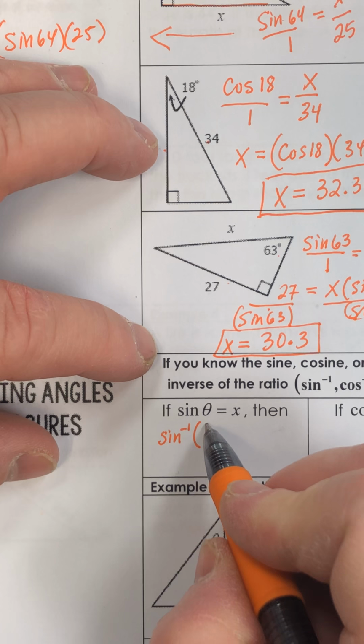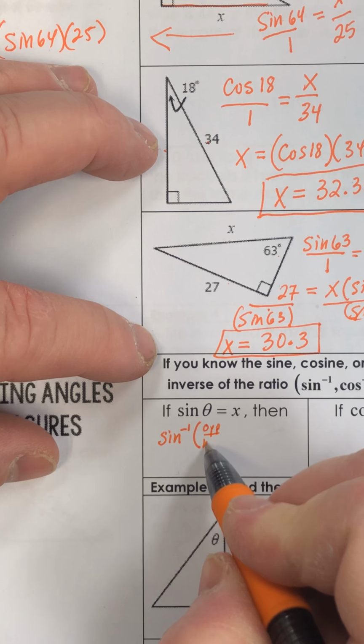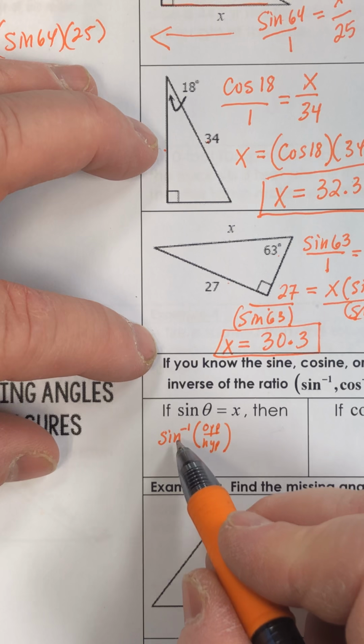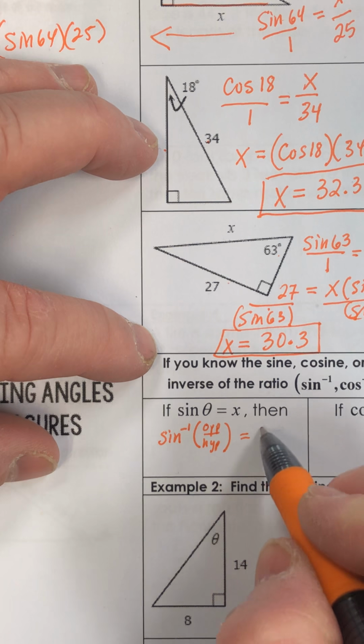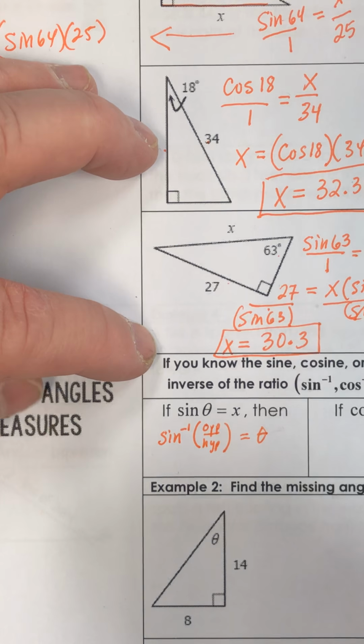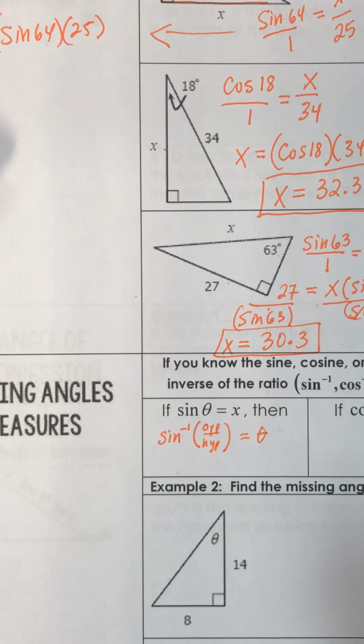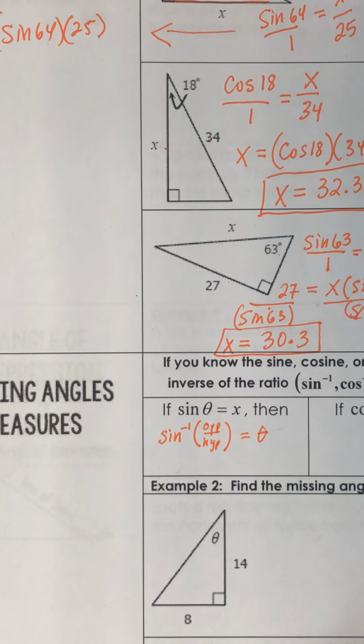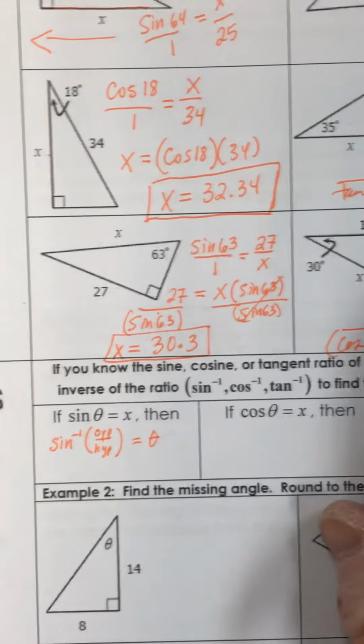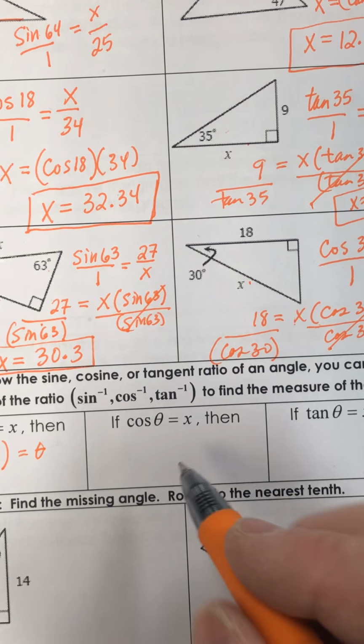Sine is what? Opposite over hypotenuse. If I do the inverse on my calculator, that's going to equal the angle. We'll go to the examples, but cosine, we'll just write down their inverses.